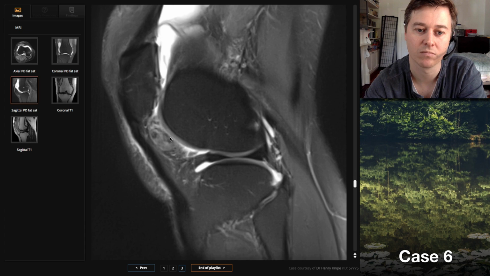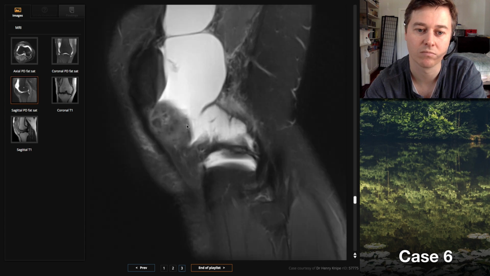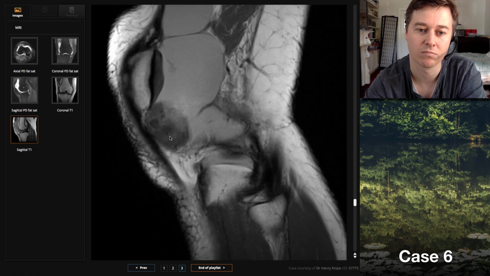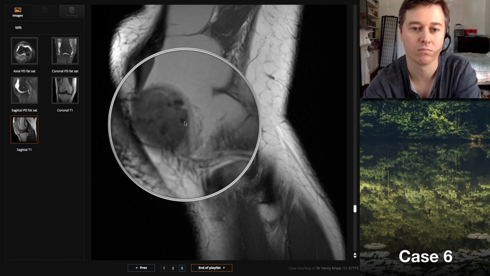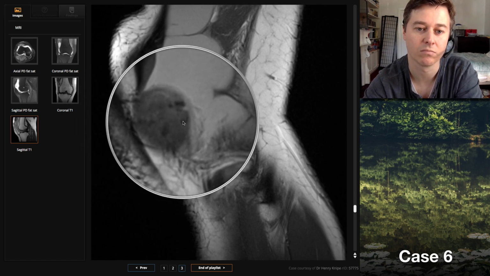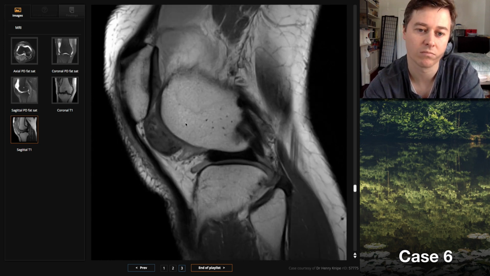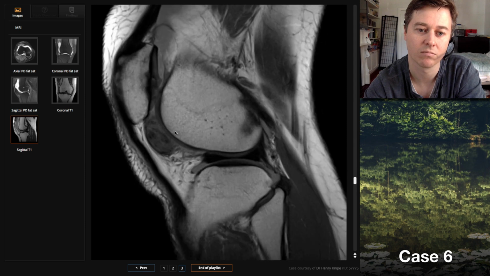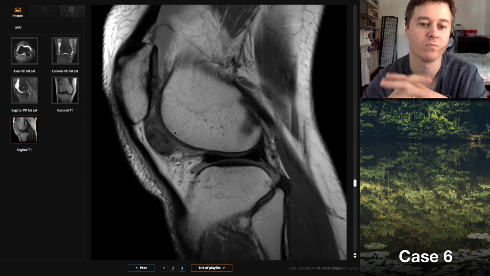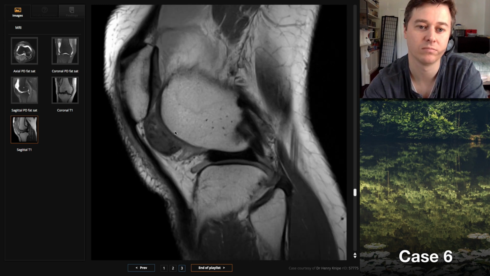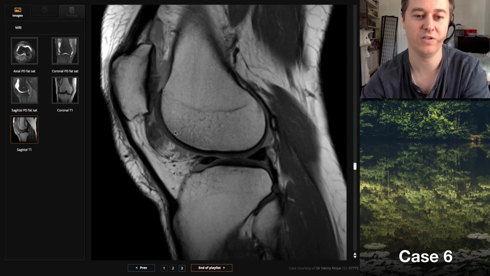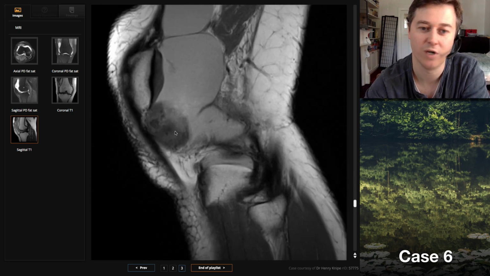It's reasonably well defined, within the Hoffa's fat pad, and it's also low signal on PD and T1. Given this appearance, I'd favour this to represent focal PVNS. There's no synovitis to suggest diffuse PVNS. So it's the localized form of PVNS, which is pigmented villonodular synovitis.